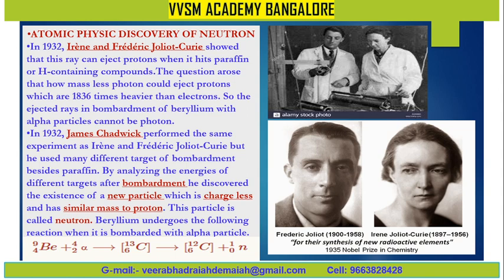Beryllium undergoes the following reaction when it is bombarded with alpha particles: beryllium 4-9 and alpha particle 2-4 give carbon 6-12 and a neutron. This is artificial radioactivity, which will be discussed later in the forthcoming classes. This is the emission of neutron. Thus, the history of the discovery of the neutron is wonderful.